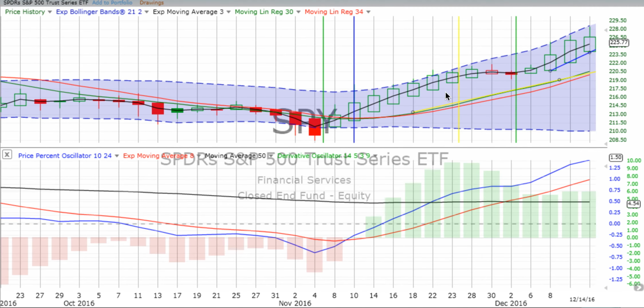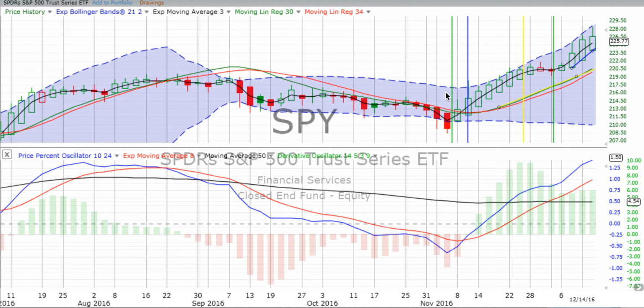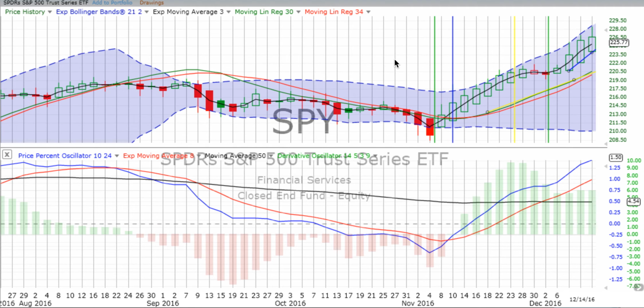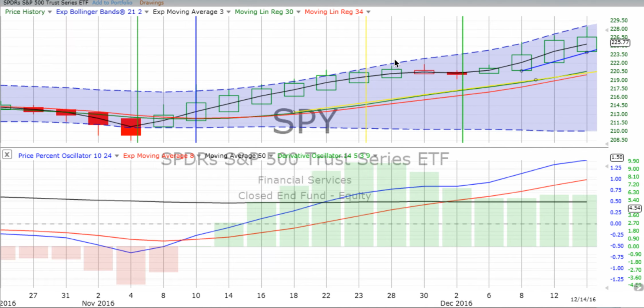Unlike a lot of charts that people use that are super complicated, we keep ours super simple. In fact, the only thing that sometimes confuses people are the vertical green, blue, and yellow lines that we use, but they simply help us track beginnings of trends.